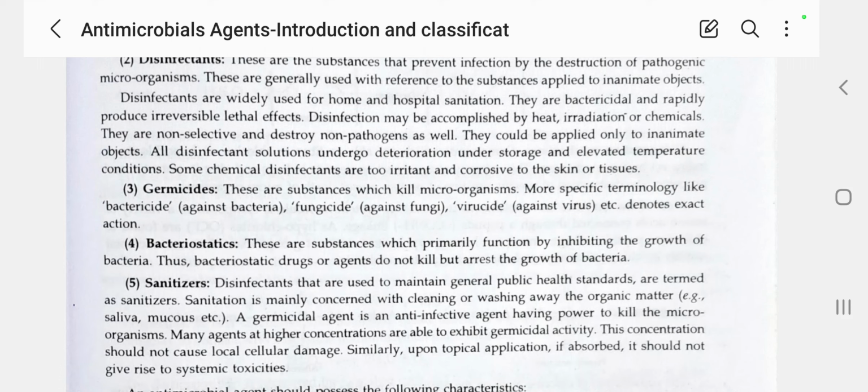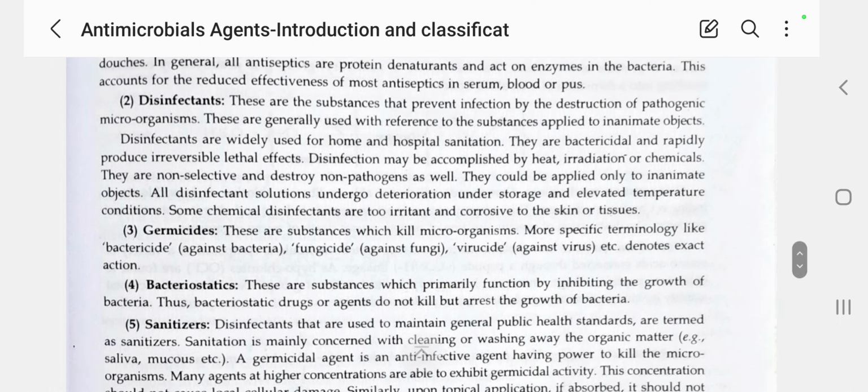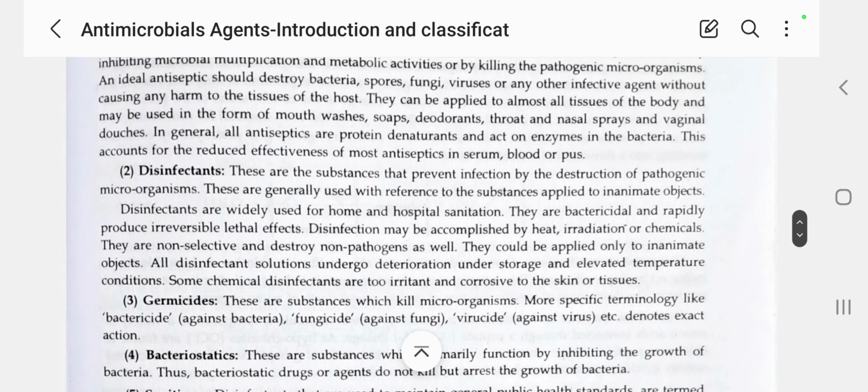All disinfectant solutions undergo deterioration under storage and elevated temperature. Some chemical disinfectants are too irritant and corrosive, producing irritation and itching to the skin or tissues.